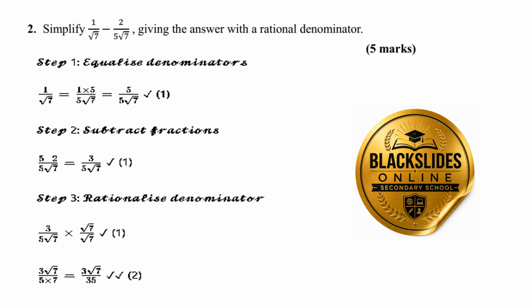Take note that 1 over root 7 is the same as 1 times 5 divided by 5 root 7. Take note, these are numerically the same. If you cancel the 5s, 5 here will go once, 5 over there will go once, you have 1 over root 7 remaining, the same as that.